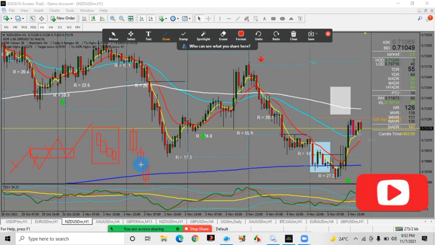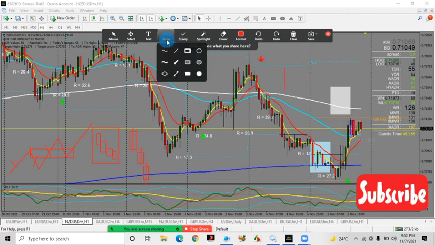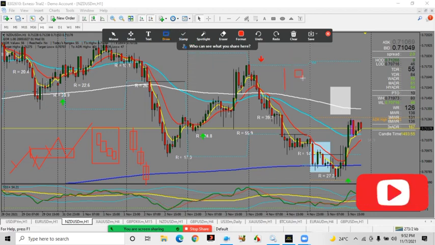Now, when we talk about candlesticks, we look at four things when it comes to the candlestick pattern. Let's assume this is a candlestick.